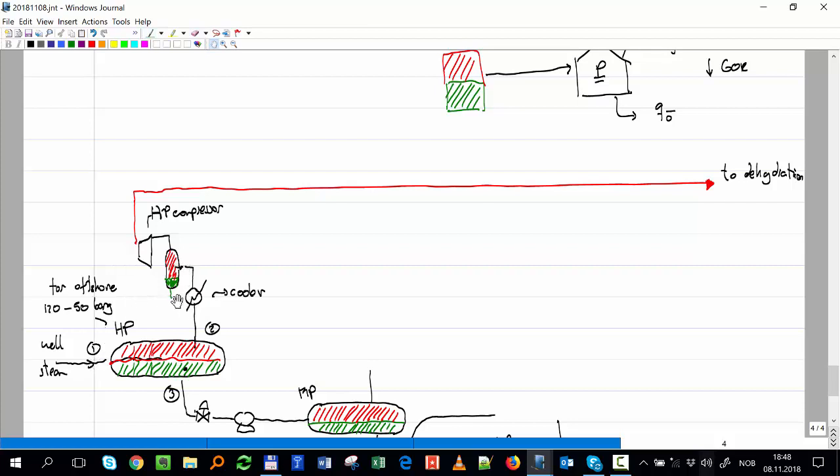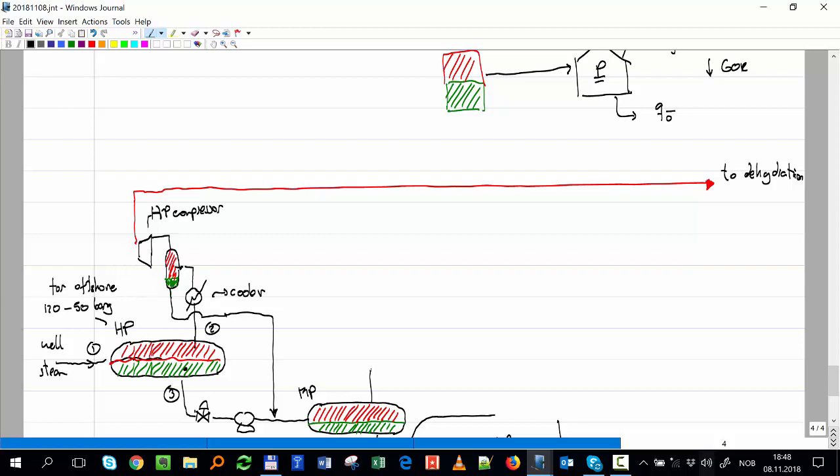To pass through the cooler, you need some pressure drop, so you can use a pump. Or if I don't want to use a pump, I just send it here. It still has high pressure, so I can just send it to the medium separator.